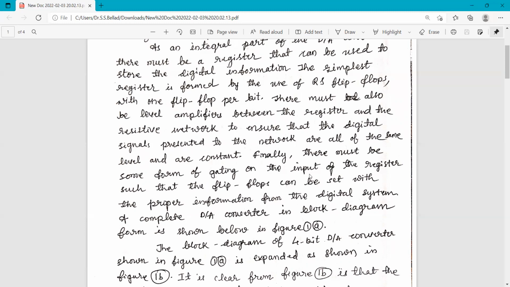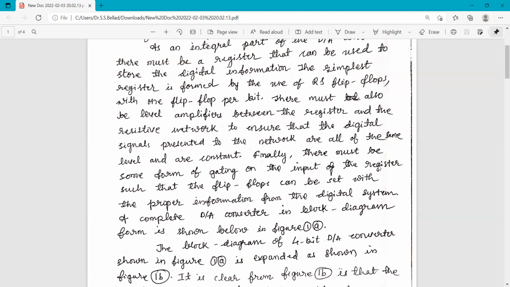So there must be some form of gating, meaning the inputs to these registers are given through some gates. The use of the gating system here is that it produces the output only when some logical conditions are verified at the input level.